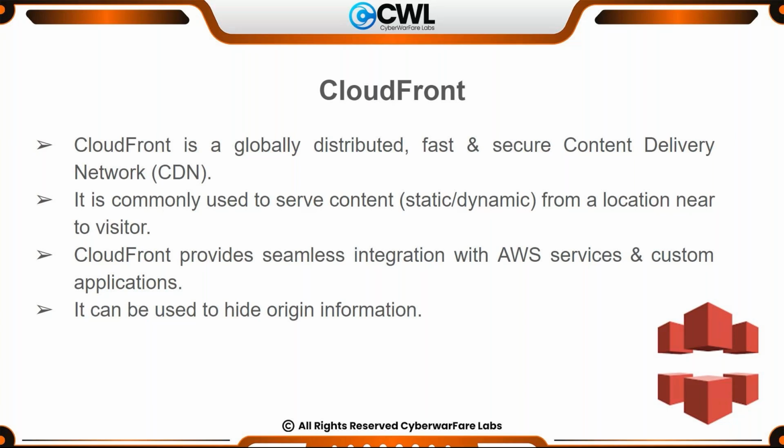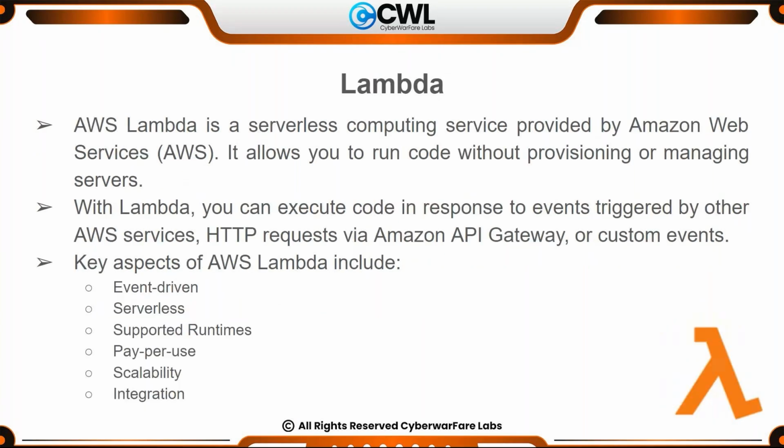So let's move on to the next service, which is Lambda. Here it's not a mathematical function, but a service provided by AWS. AWS Lambda is a serverless computing service that allows developers to run code without provisioning or managing servers. With Lambda, developers can focus on writing code and deploying applications without worrying about infrastructure management.